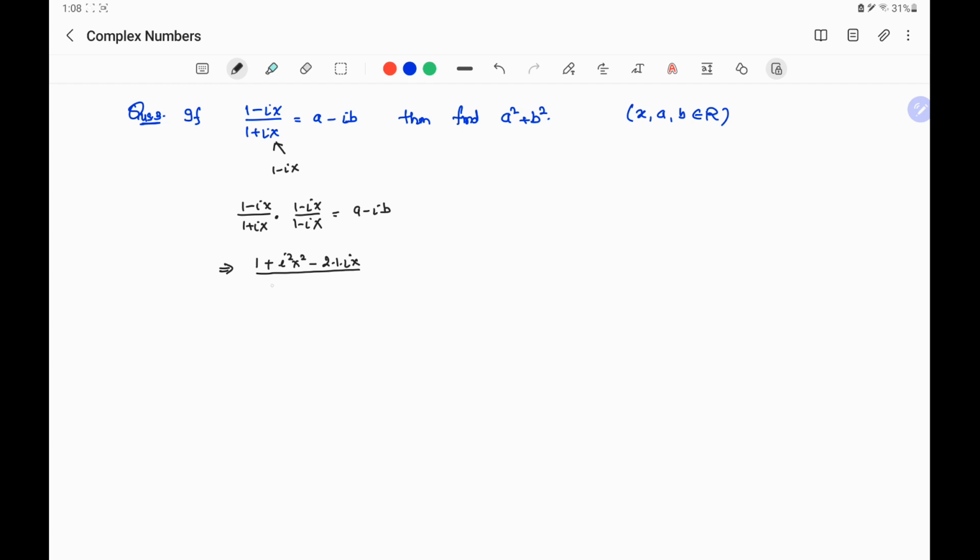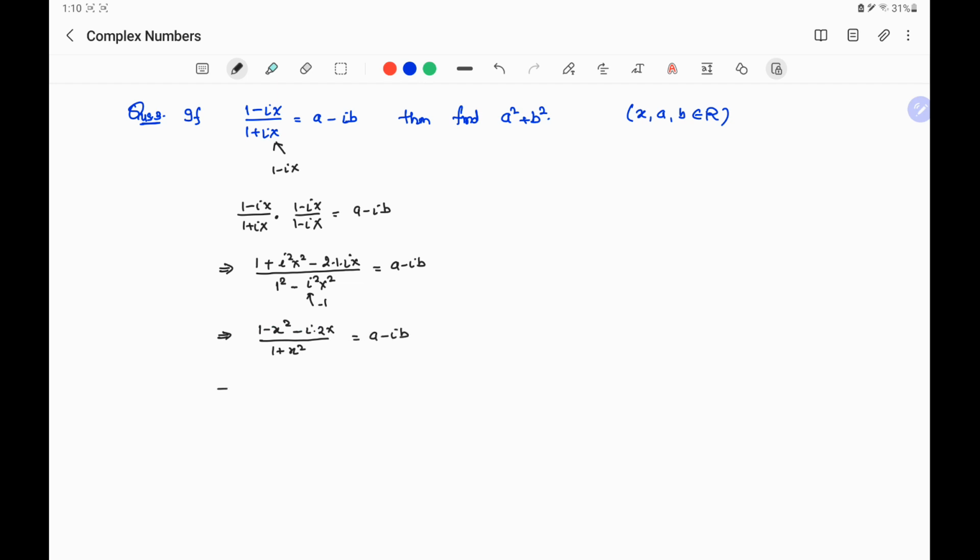And in the denominator, we will have (a plus b) into (a minus b), so it is a square, that is 1 square, minus b square, that is i square x square, and it will be equal to a minus ib. We know that i square is minus 1. This implies that (1 minus x square minus i into 2x) divided by (1 plus x square) is equal to a minus ib.